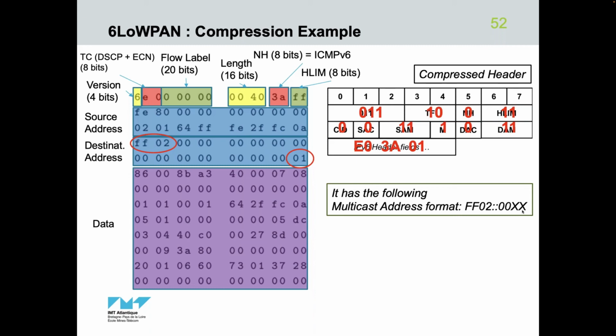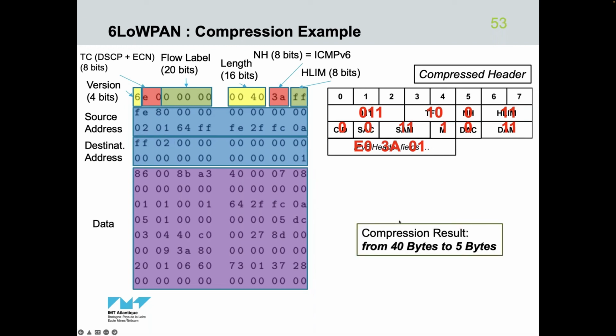And what does it mean? It means that only the last 8 bits are carried in line. And this is why you see here 0, 1 at the end. So which indicates that we can elide almost the whole address except the last 8 bits. So the last 8 bits must be transmitted in line. I think that's it in terms of the compressed header.